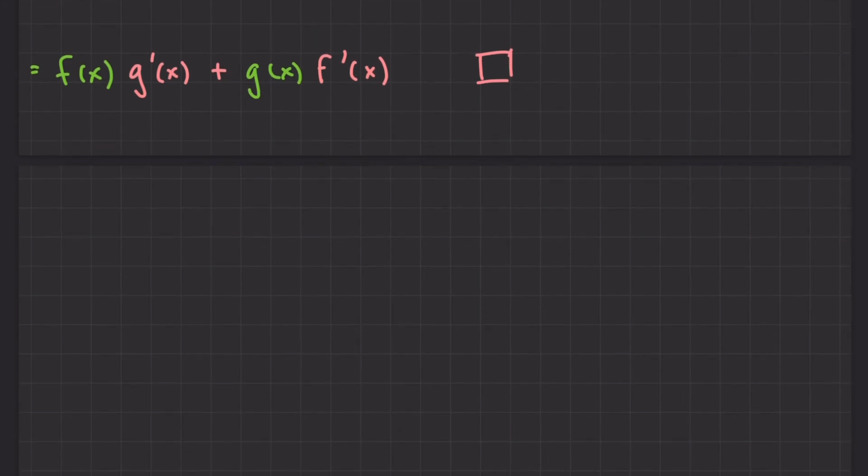So let's go through and finish off that question that we were asking. So d by dx of x times e to the power of x, well, that is going to be the derivative of the first one times the second one. So the derivative of the first one is 1, and then I multiply that by the second one, so times e to the power of x.